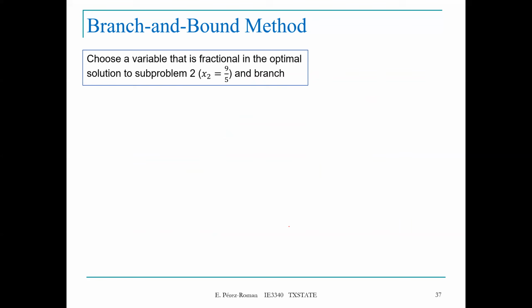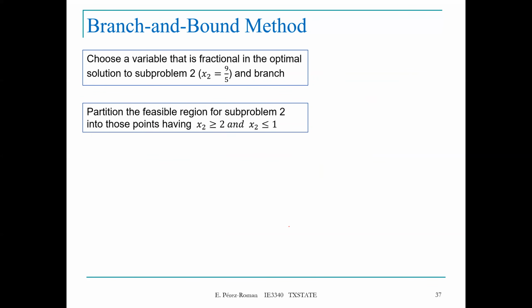Choose a variable that is fractional in the optimal solution for subproblem number 2. The only decision variable that is fractional is x2 equals 9/5. So we are going to branch on 9/5. We are going to partition the region for subproblem number 2 into those points having x2 greater or equal to 2 and x2 less than or equal to 1. So again, same principle.